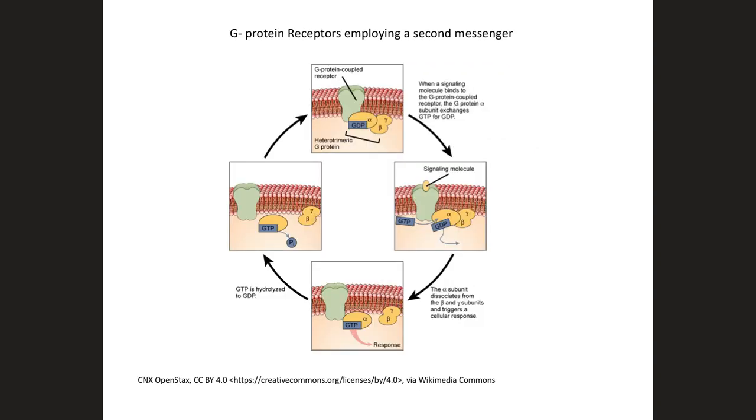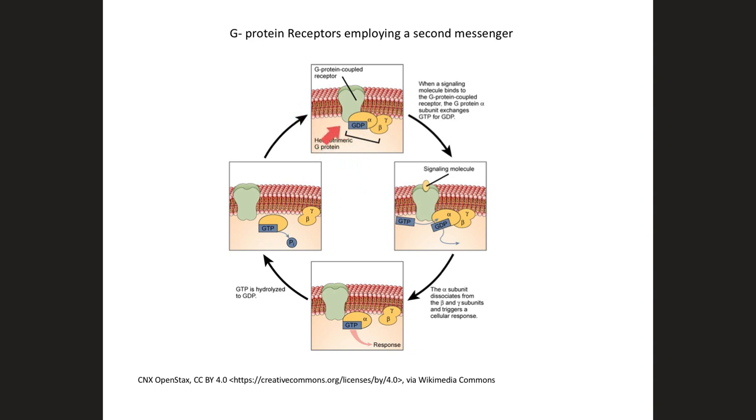Another type of receptor is G protein coupled receptors. So what does that mean? You have this receptor, and there is a protein called the G protein, which has three subunits. The alpha subunit of this G protein is bound to GDP, guanine diphosphate. Guanine is a nucleotide, except it has two phosphates in it.